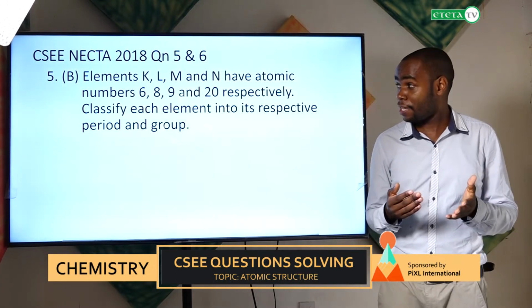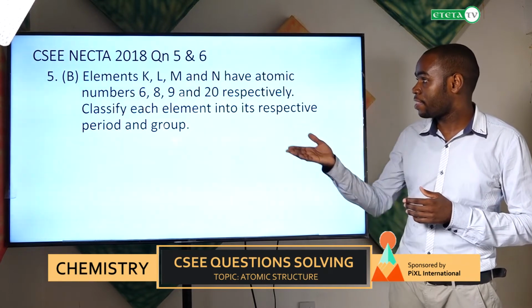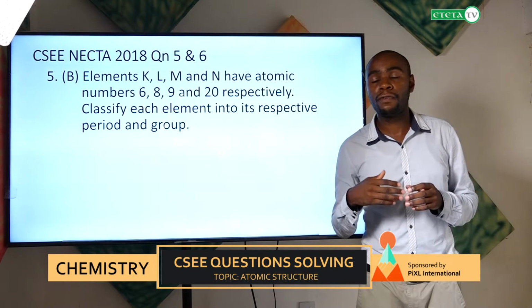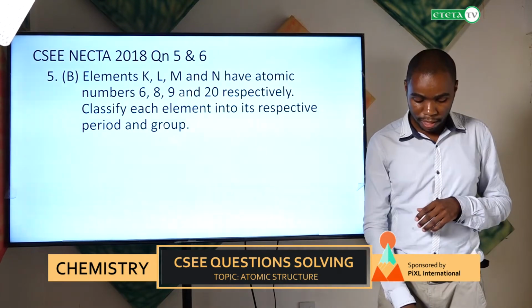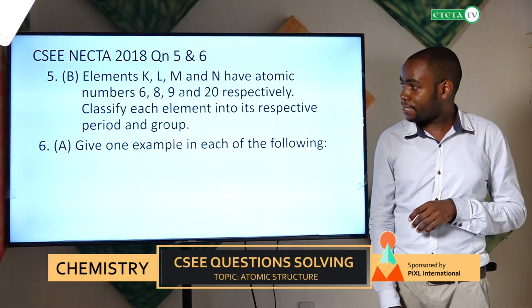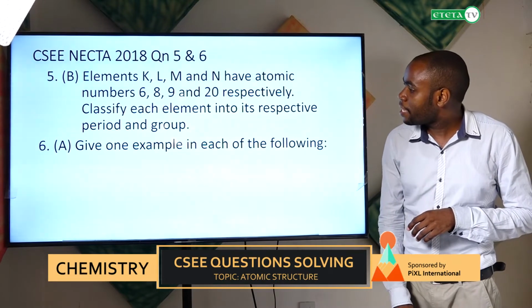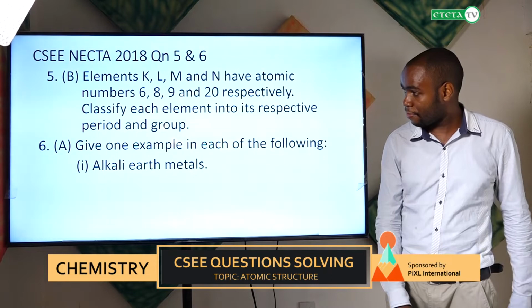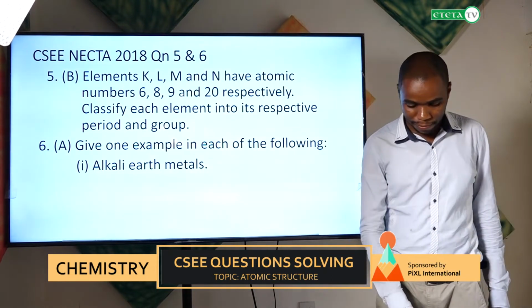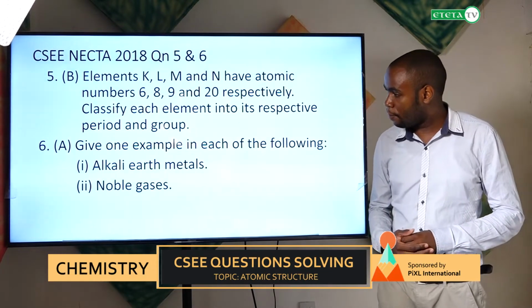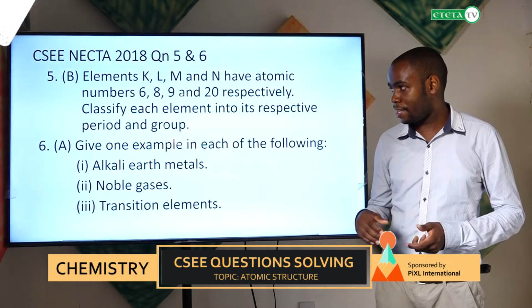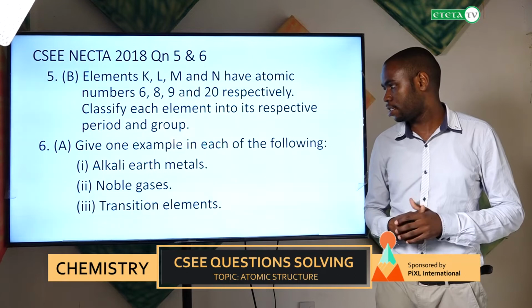Question 6a says, give one example in each of the following: alkaline earth metal, noble gas, and transition element. What is required here is one example for each.